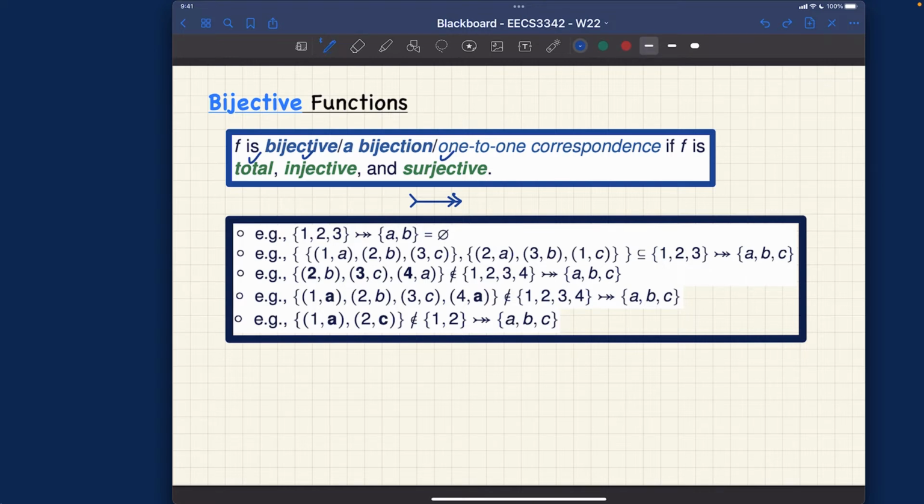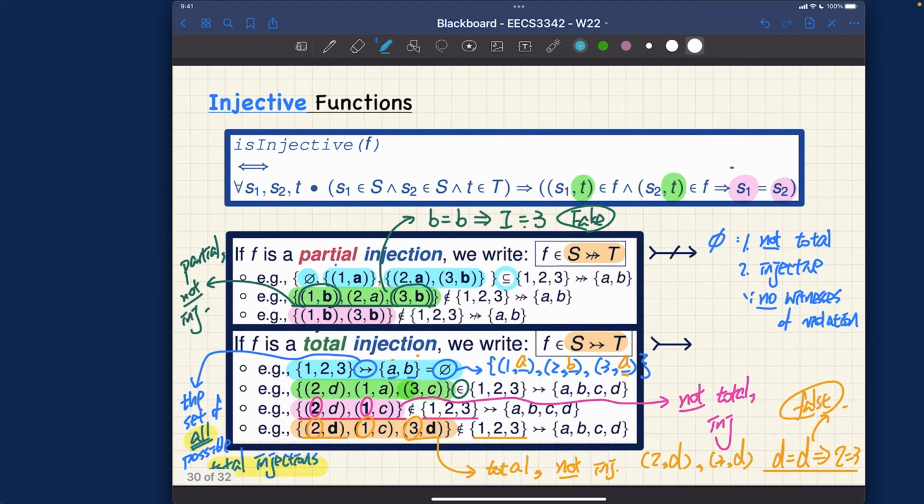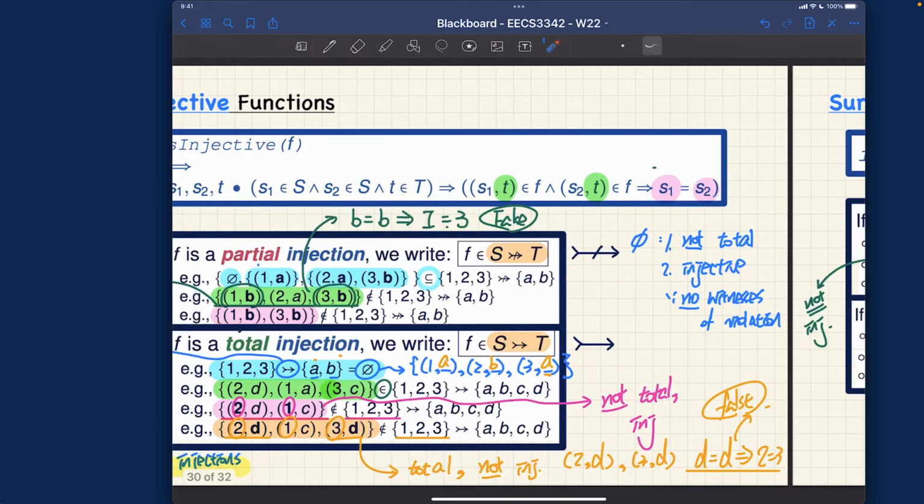Okay, let's now take a look at the example. The first one, this one here. Similar to what we said earlier, we said that this empty function is automatically an injection. Oh, actually not here. Sorry, I think it was this one over here.